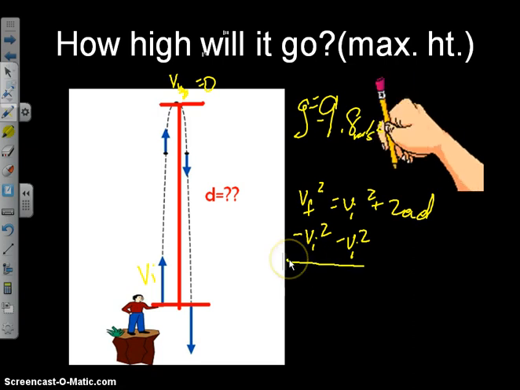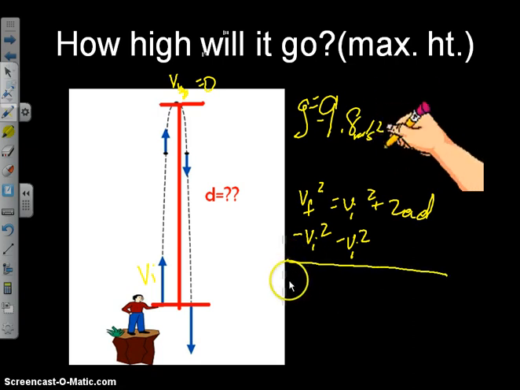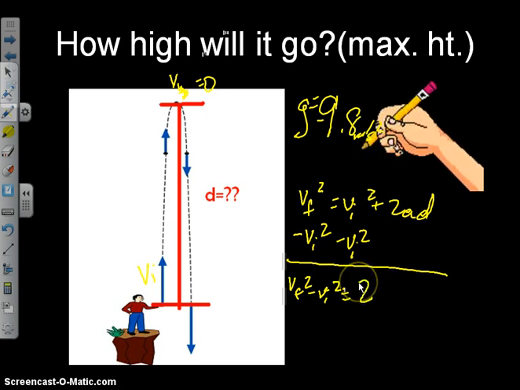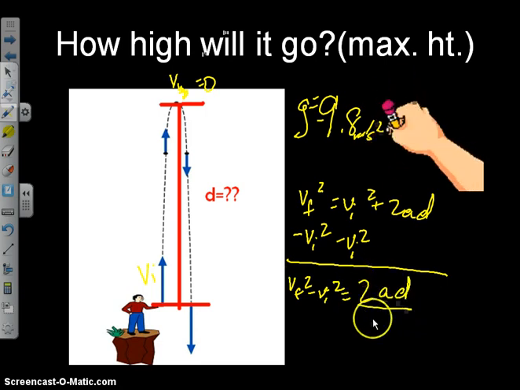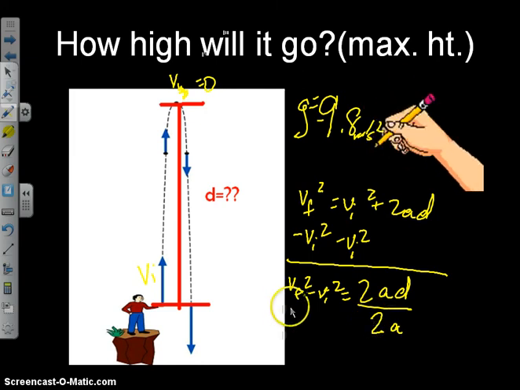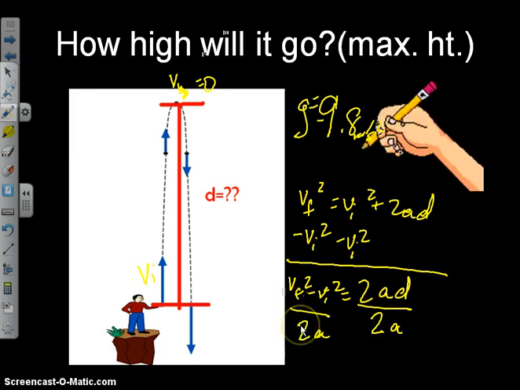So what I'm going to do first is eliminate that v initial, just rewriting. I'll get v final squared minus v initial squared equals 2ad. Now I've got to eliminate the 2 and the a, so I can leave the d by itself. So I'll divide by 2a on both sides.